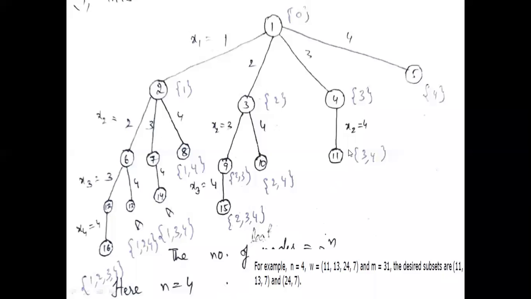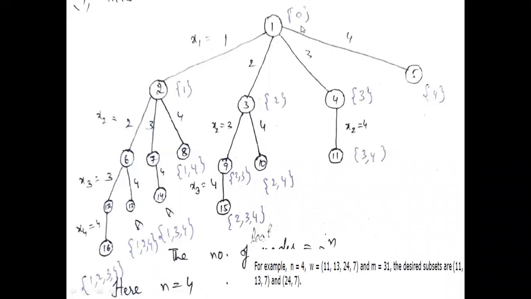The fourth node means we are including only the third element, 24. The fifth node means we are including only the fourth element, which is 7. So the second node represents sum equal to 11, the third node sum equal to 13, the fourth node sum equal to 24, and the fifth node sum equal to 7.